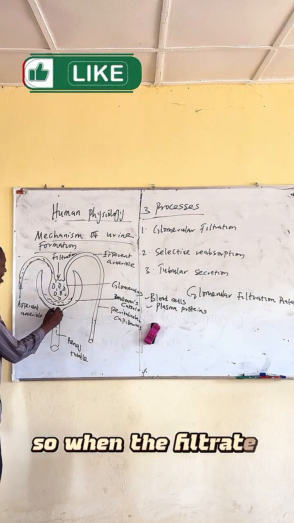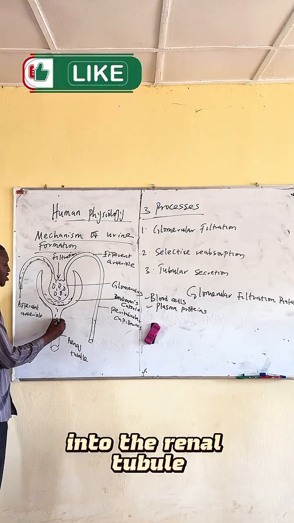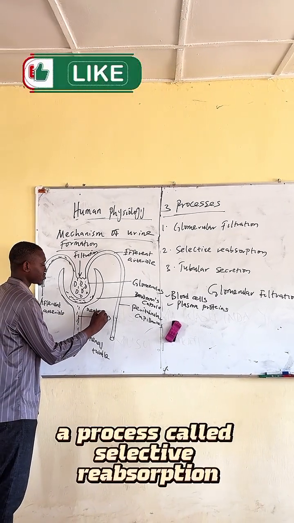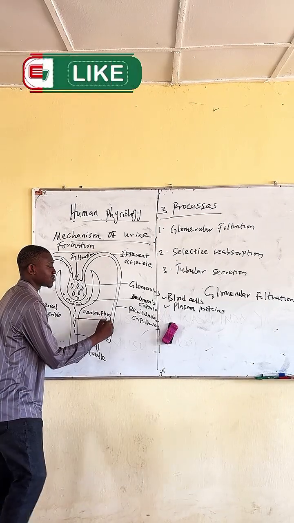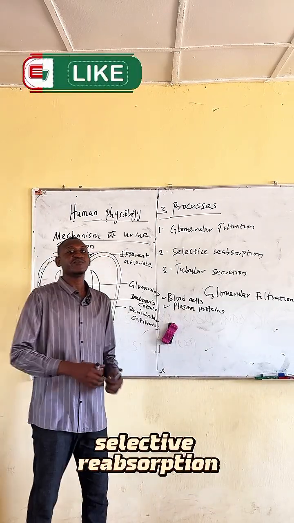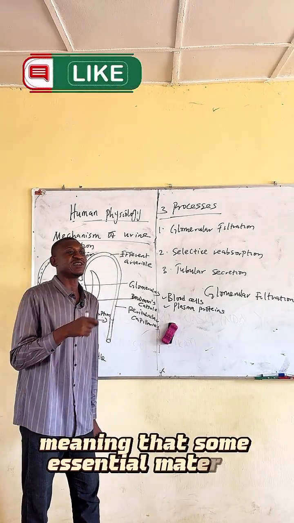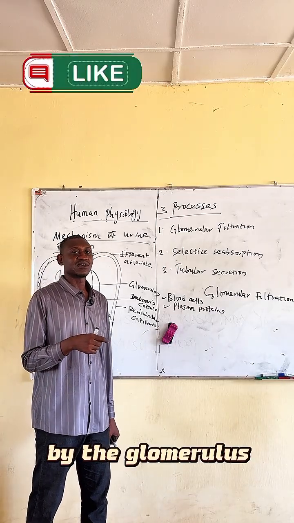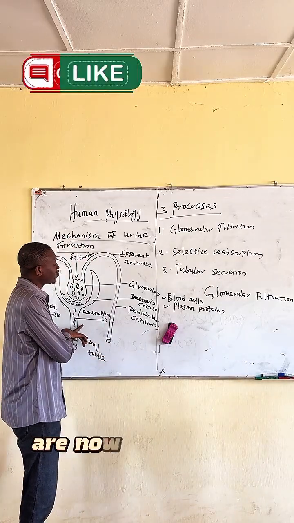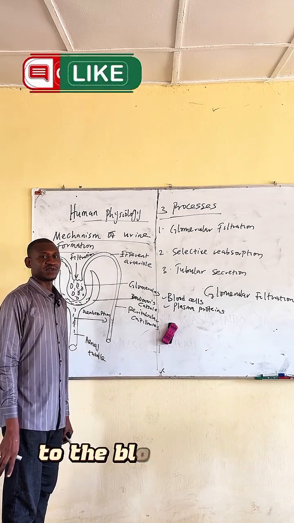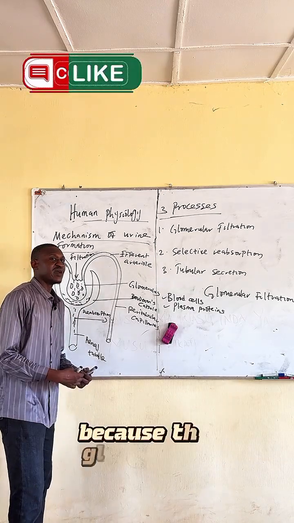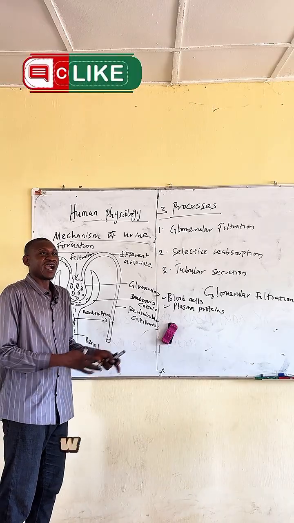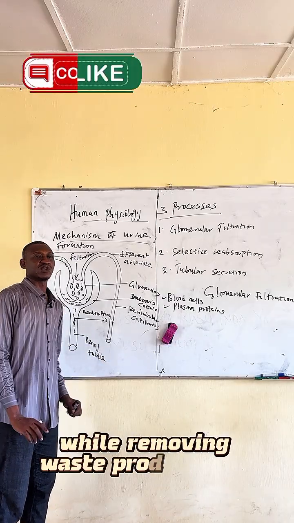When the filtrate enters the renal tubule, a process called selective reabsorption will take place. Selective reabsorption means that some essential materials that were filtered by the glomerulus are now returned to the bloodstream, because the glomerulus accidentally filters essential material while removing waste products from the blood.